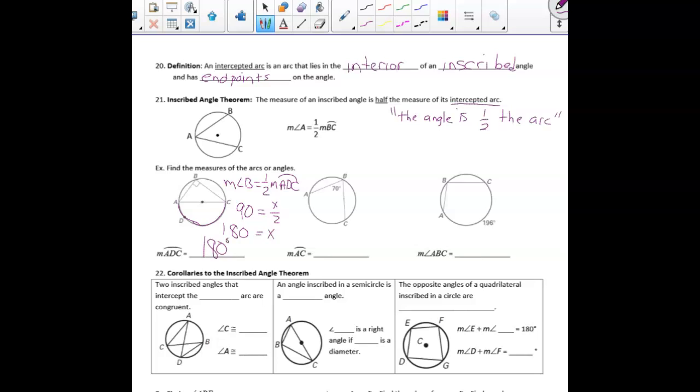Okay, in essence, these problems can be really simple as long as we see what is the inscribed angle we're talking about. So here we're talking about the inscribed angle at B, which is 70 degrees. 70 equals x divided by 2. Right? So if that's 70, this is twice, x is 140.